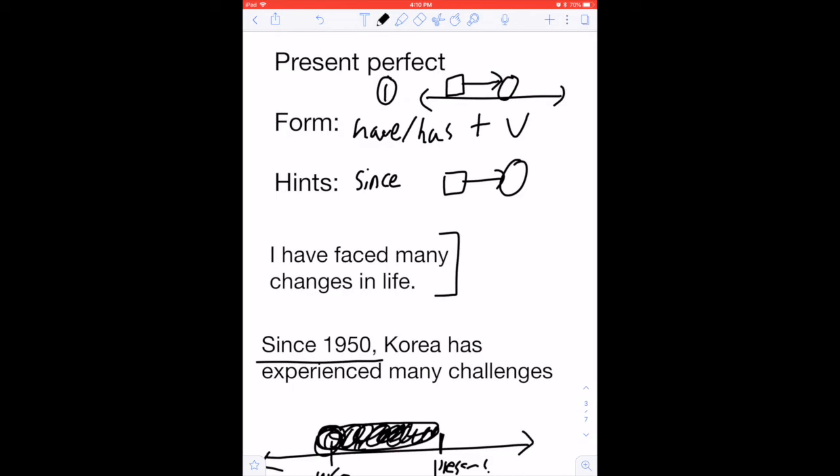So this also works. If you say I faced many challenges yesterday, it doesn't work like this. But if you say I have faced many challenges in life, it usually means, from somewhere in your life till today, I have experienced many challenges. So these are the times that you use present perfect.